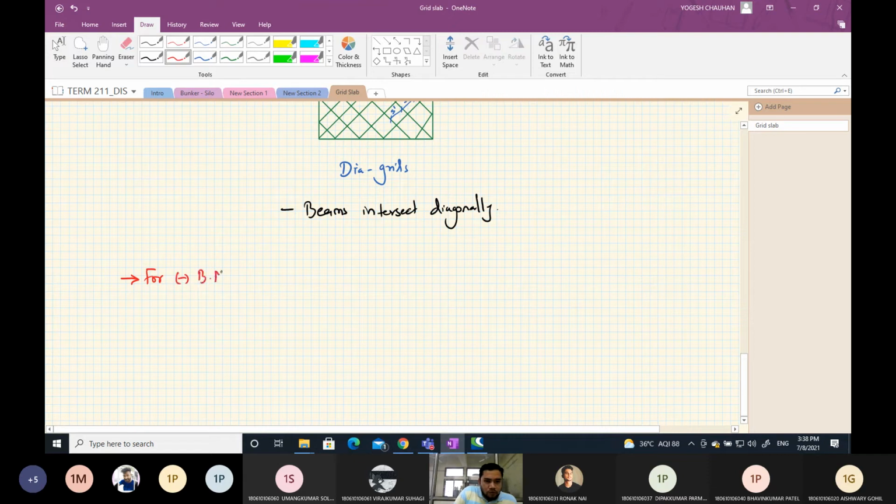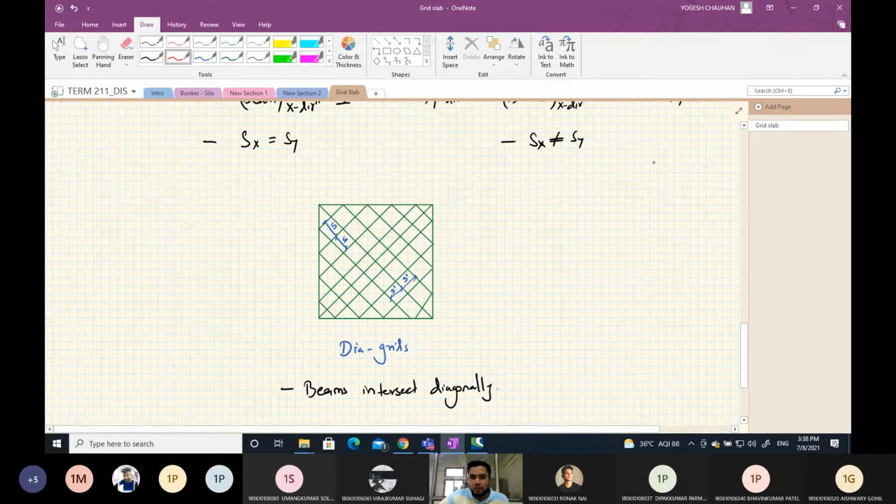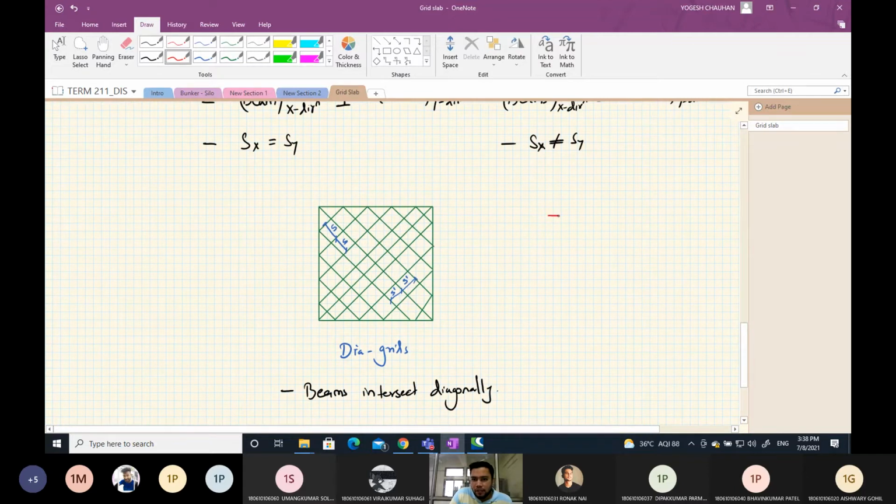If we see the cross section of these beams, they are like closely spaced T slabs, and this is the cross section.